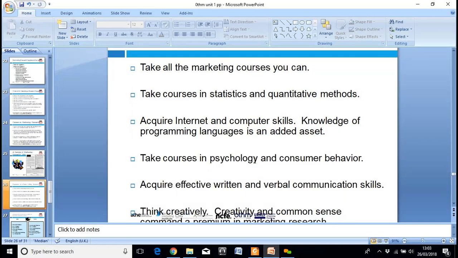Why do you think they would need psychology? Anybody? Sorry, sir, could you repeat your question? It says here, if you want to be a marketer, take courses in psychology. Why would you think you needed to apply psychology? Well, because it lets us know about human behavior, the kind of thinking they have, and so it helps us in coming up with actions that are thought about by those consumers or people who are looking forward to buy our products.